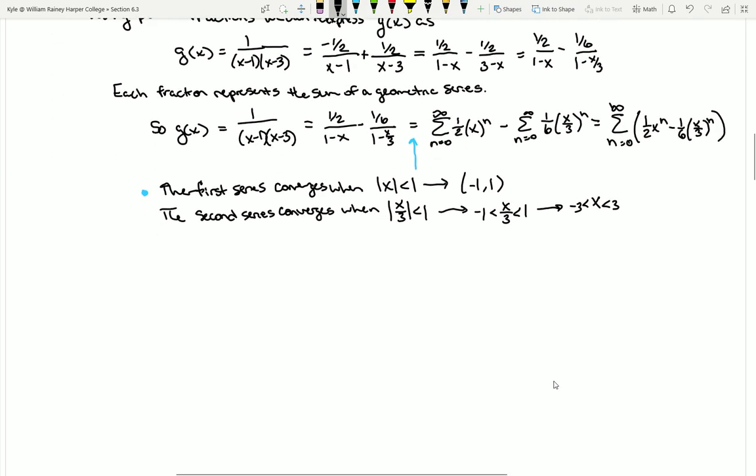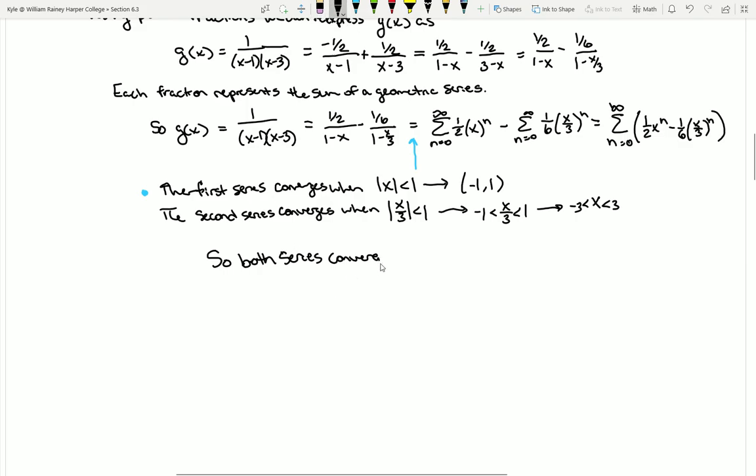Now, if I need both of these things to be converging at the same time, I can combine these and say that both series converge. I could think here, for what values of x do both series actually converge?